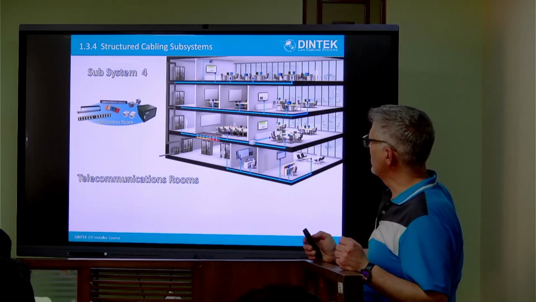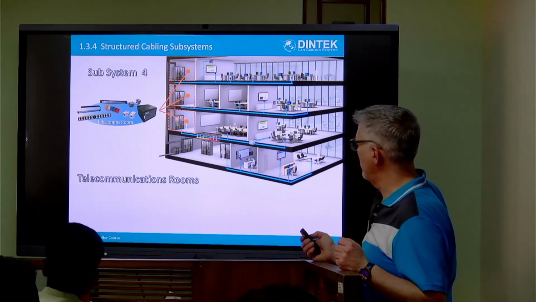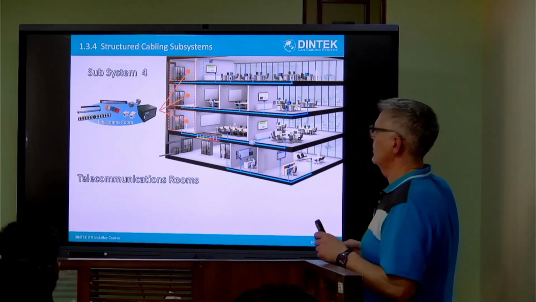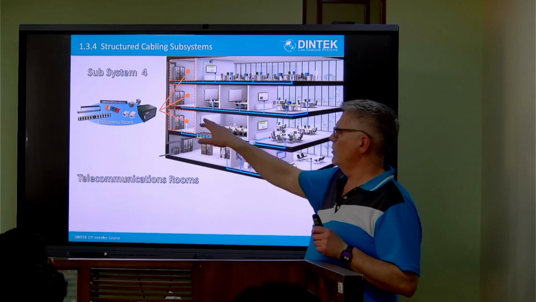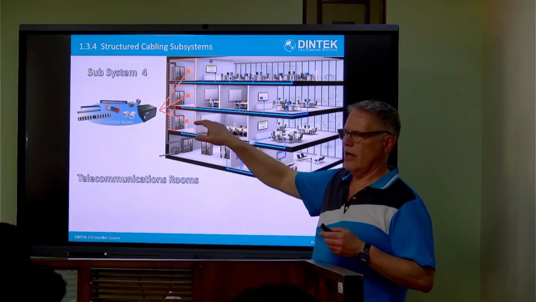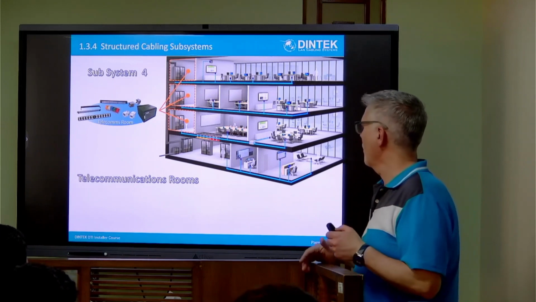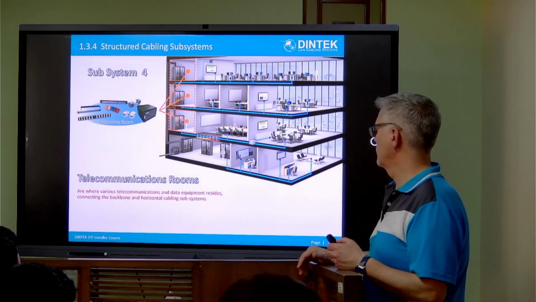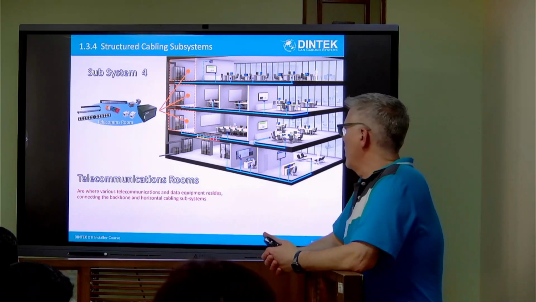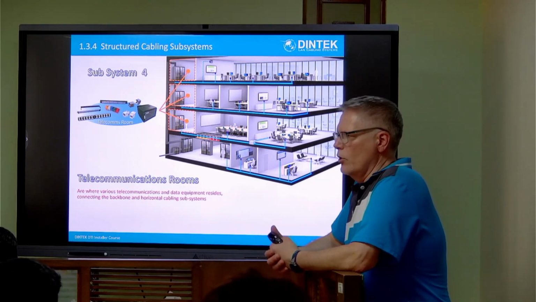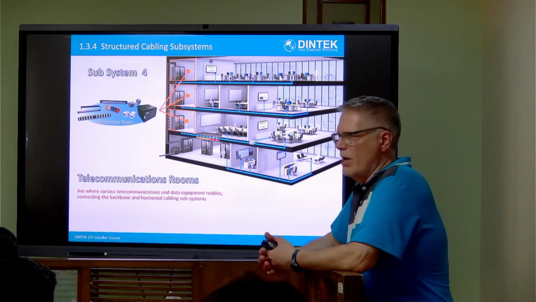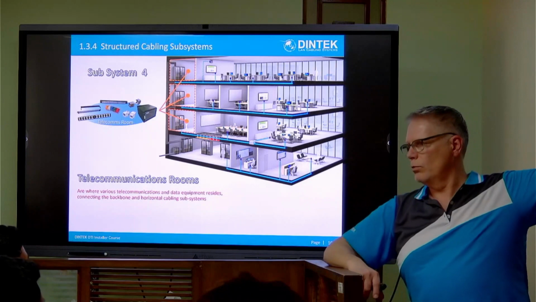Now, we move on to the support subsystem, which is our telecommunications rooms. And our telecommunications rooms are our floor distribution points. Now, when we talk about telecommunications rooms, we're not talking necessarily about a cabinet on the wall.